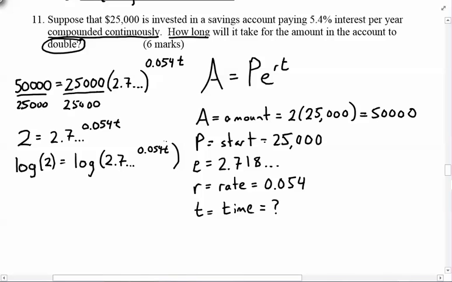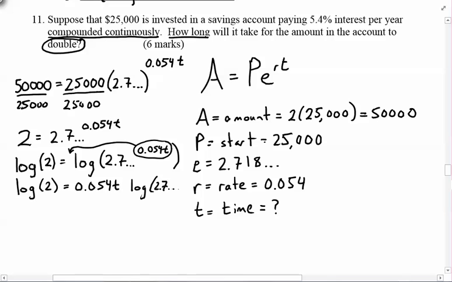So now I can use law number 3 to take the exponent and make it a coefficient. I get log of 2 is 0.054 t times log of e, or log of 2.71828, and so on and so forth forever.